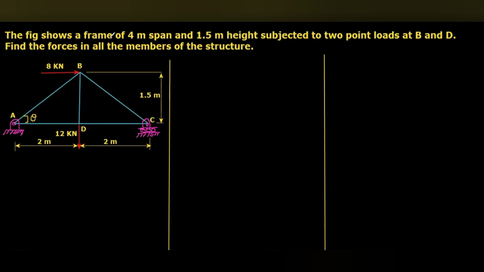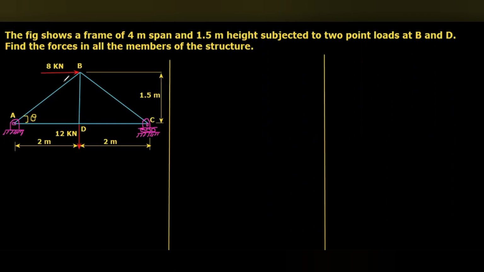Today's class, we are going to discuss a numerical on the topic analysis of perfect frames by using method of sections. The same numerical we solved already by using method of joints. That video link is given in the description box of this video.